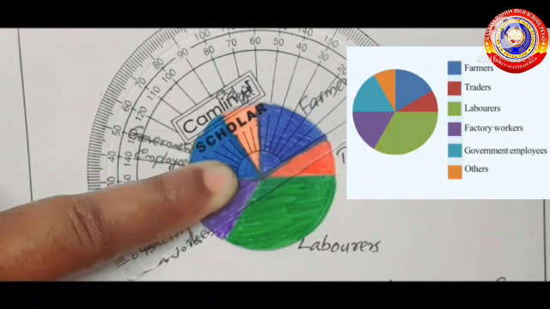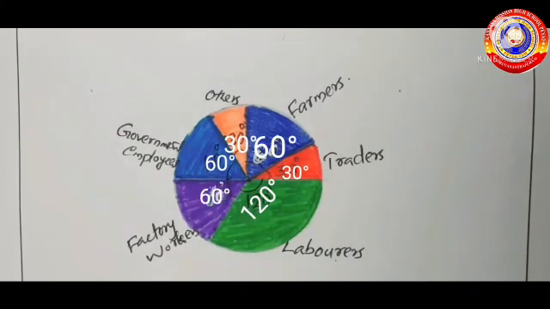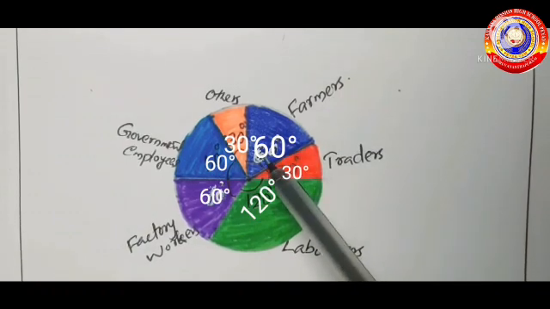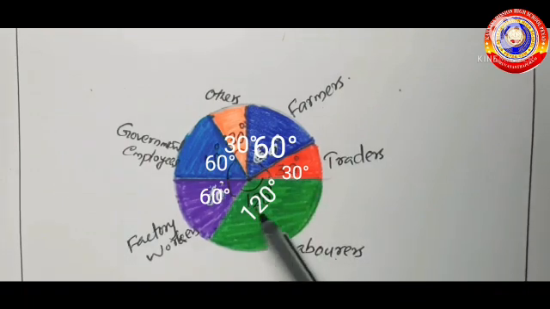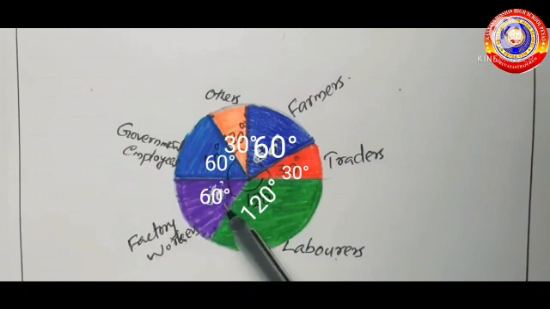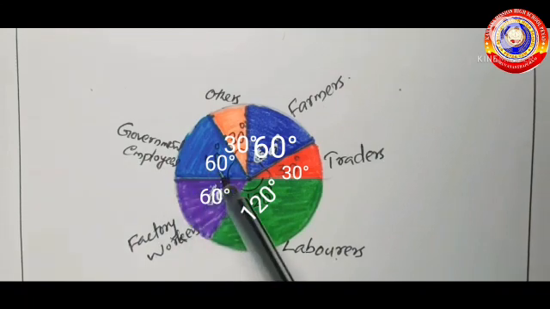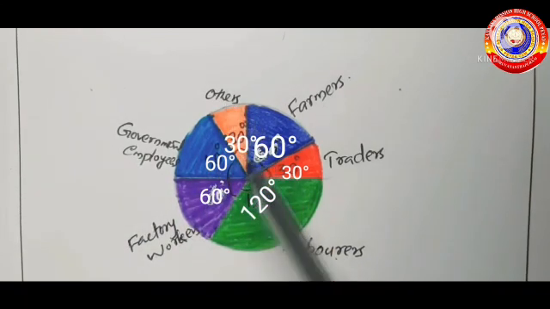Angles formed in each part are: farmers 60 degrees, traders 30 degrees, laborers 120 degrees, factory workers 60 degrees, government employees 60 degrees and others 30 degrees.